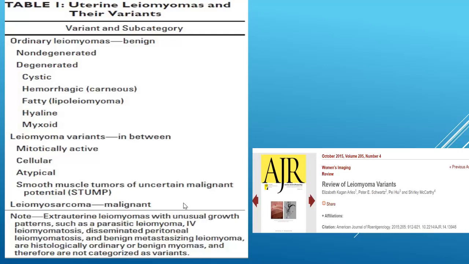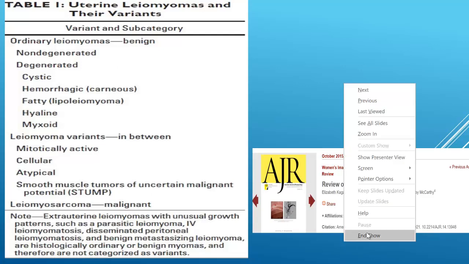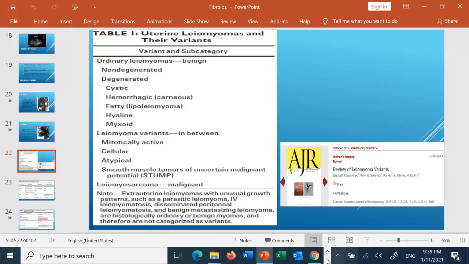We have also the mitotically active leiomyomas like the cellular type and the atypical leiomyoma, and we have the smooth muscle tumors of uncertain malignant potential, and the leiomyosarcoma, which is malignant. We have many other variants, and this is a nice paper I found that states the different appearance of the degenerated fibroids.